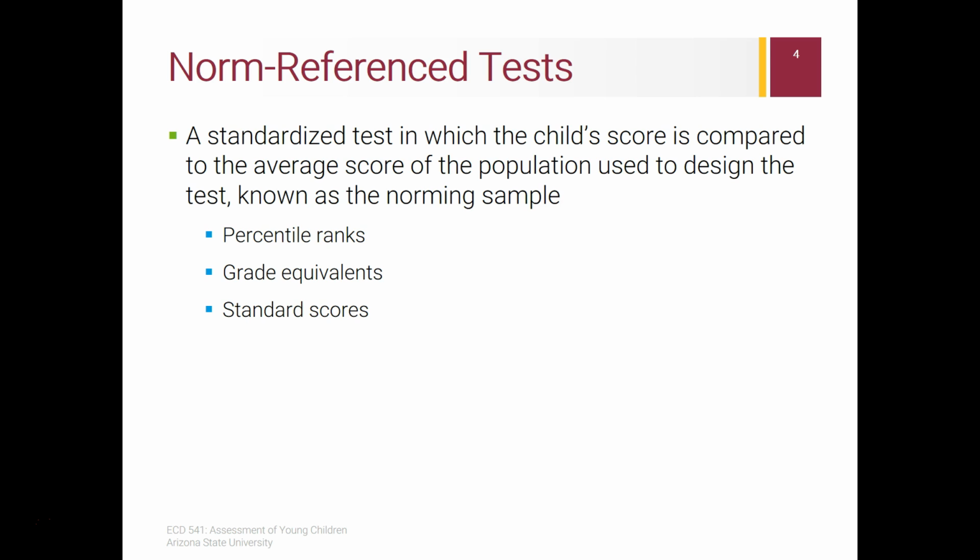After the norming process, the tests are used to assess groups of students or individuals using standardized or highly structured administration procedures. These students' performance is rated using scales developed during the norming process. Statistics used by norm reference tests include percentile ranks, grade equivalents, and standard scores.